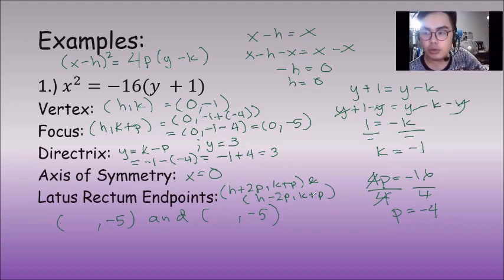So we're going to substitute the respective values. So 0 plus 2 times negative 4, then 0 minus 2 times negative 4. Then we simplify.